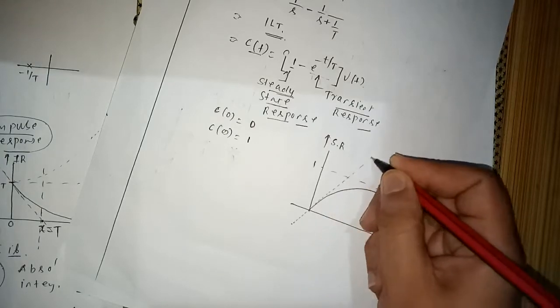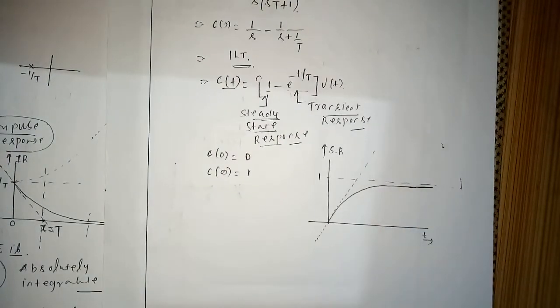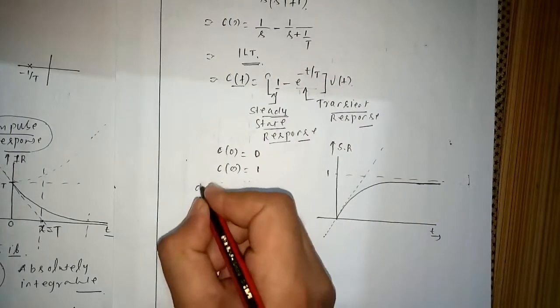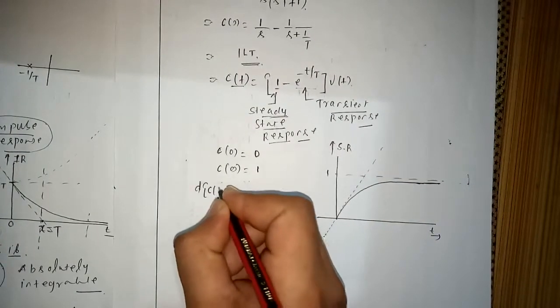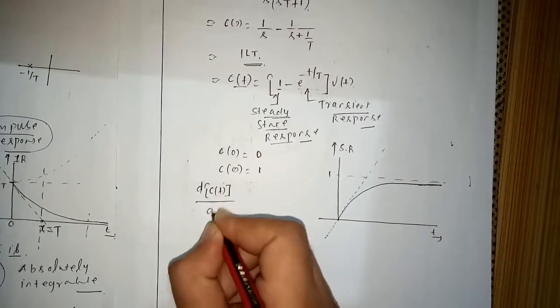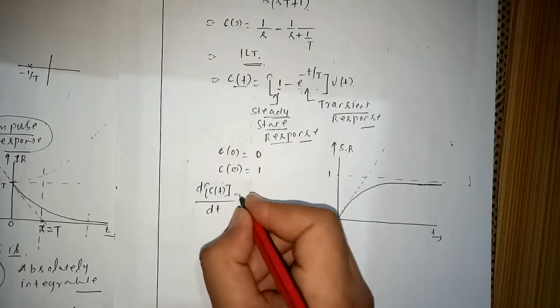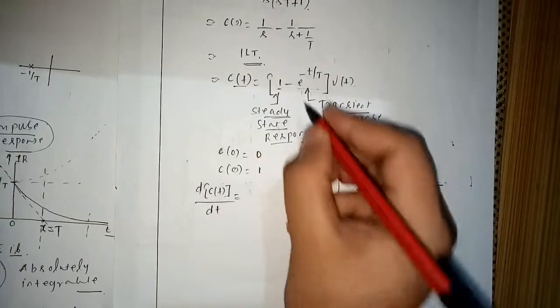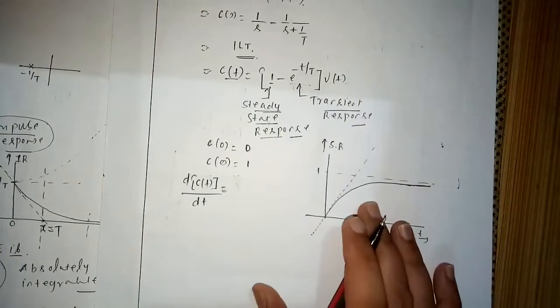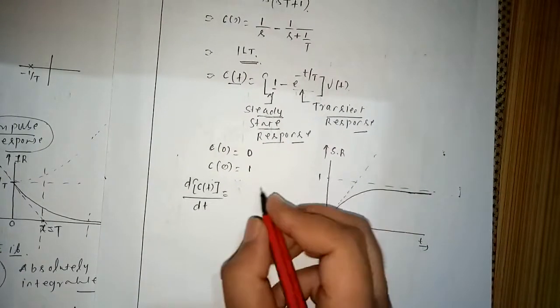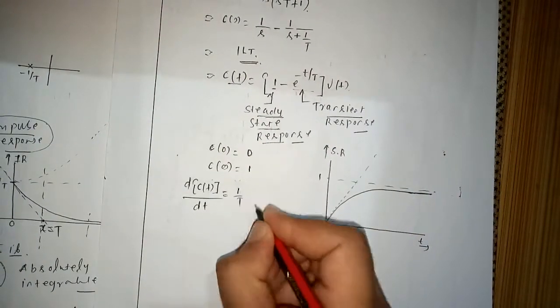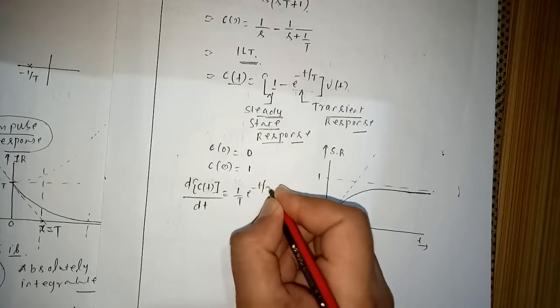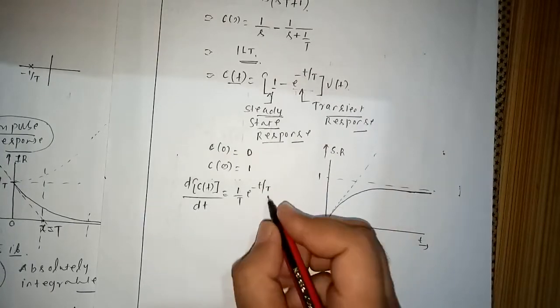So again I will take the tangent of the system at t equal to 0. So how do I take it? dc(t)/dt is equal to (1/T) e^(-t/T).